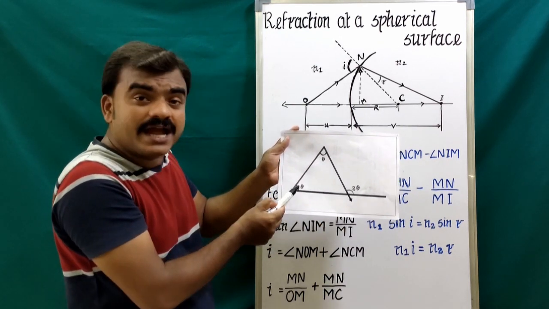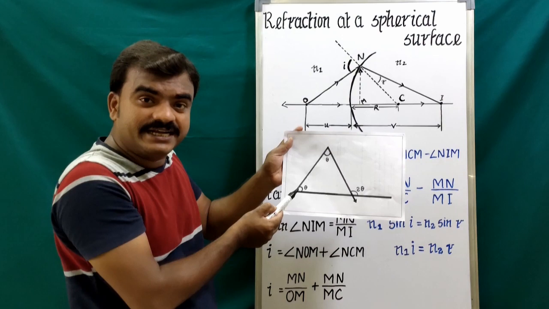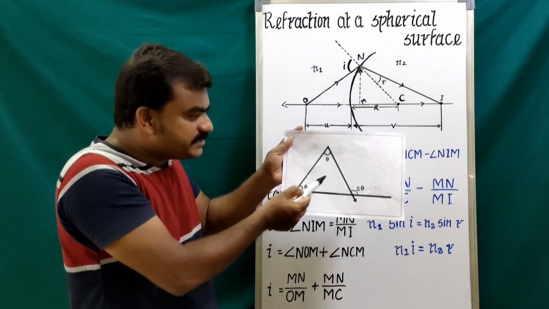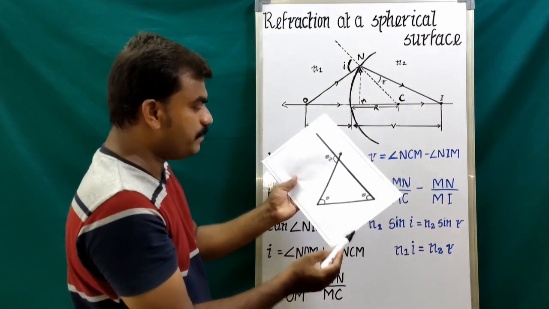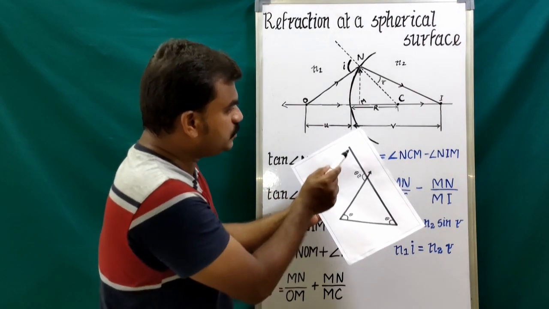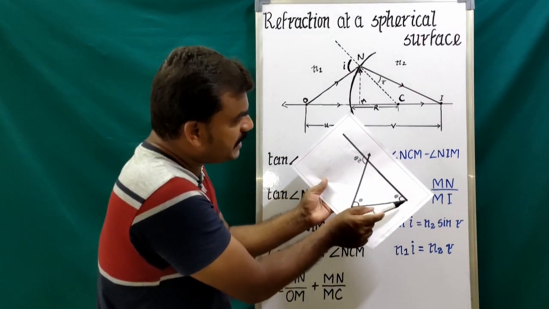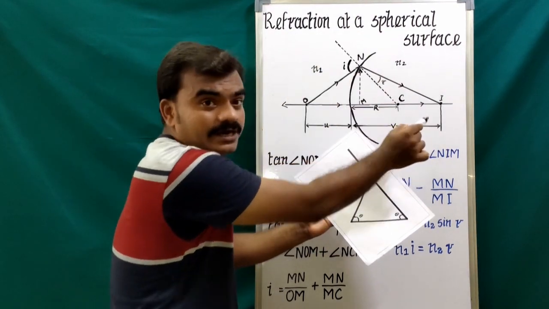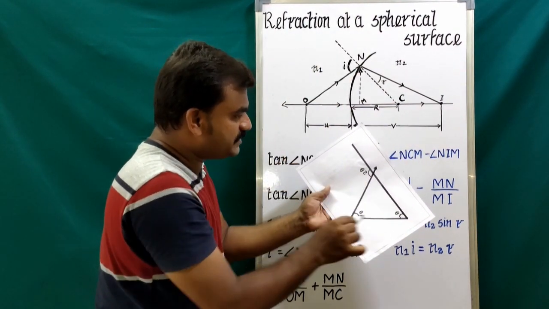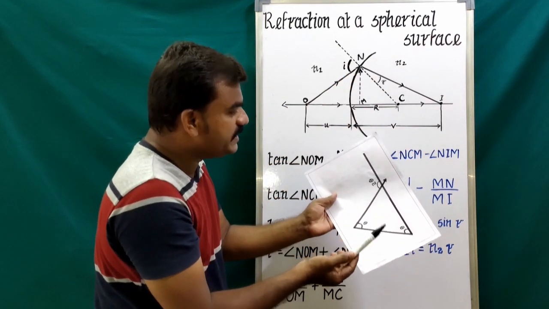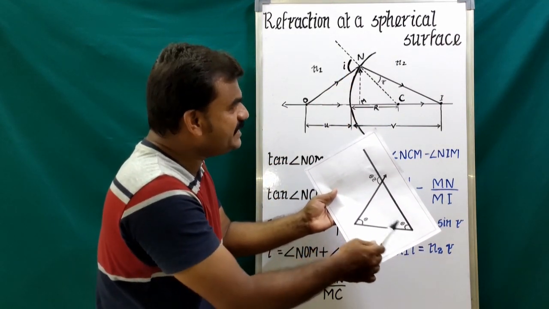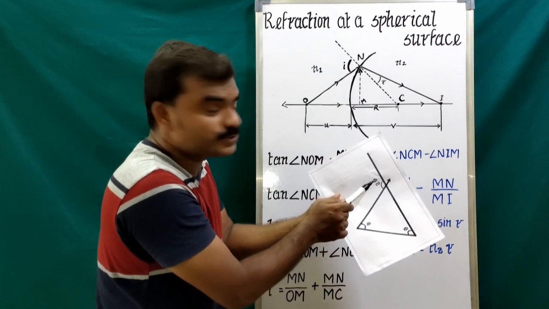So what are the interior angles? Theta, theta. Theta plus theta is equal to 2 theta. So we can match it exactly with the diagram here. So this is the tangent line, the dotted line, right? And then this is the triangle NOC.